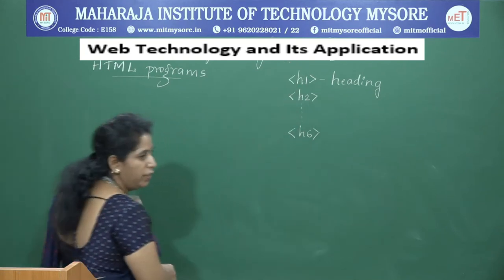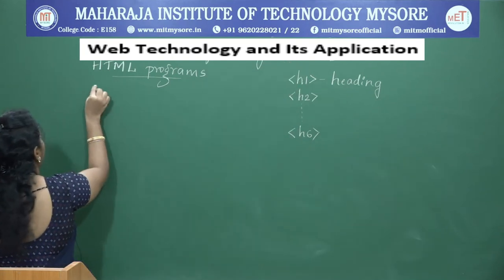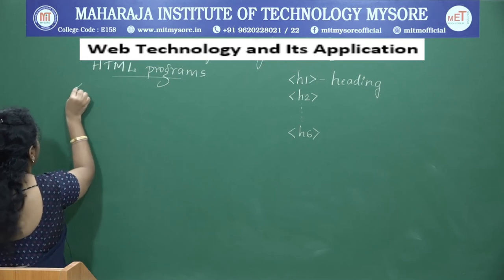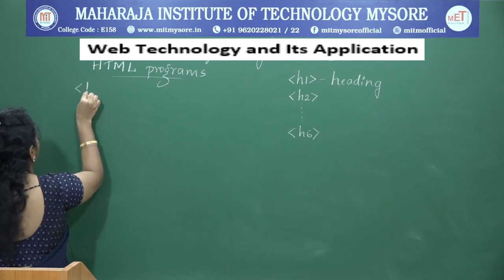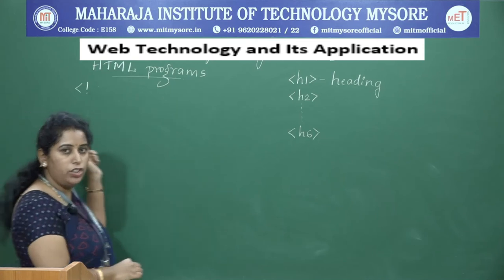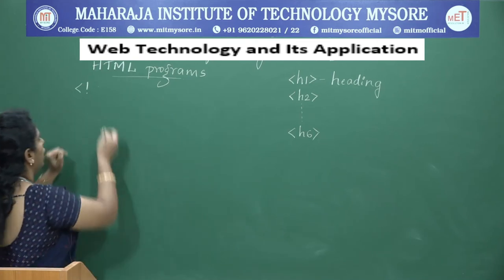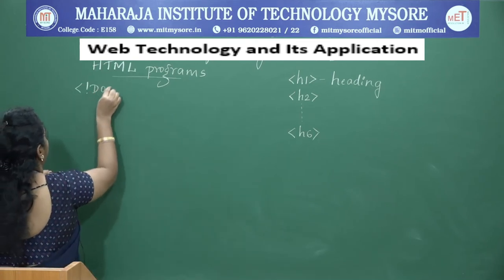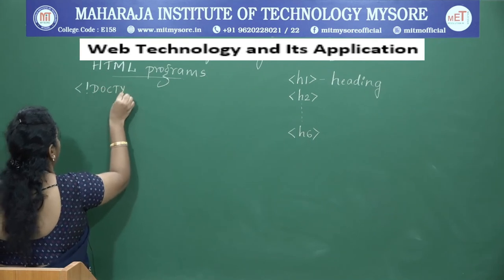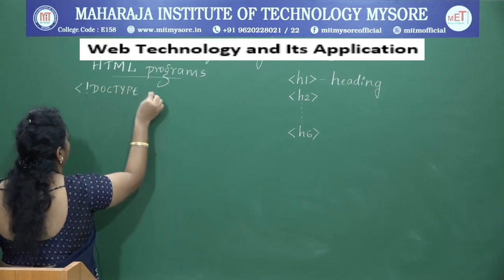Let me take an example. As I discussed in the previous class, the first statement in an HTML is the document type, which defines what type of document you are using.